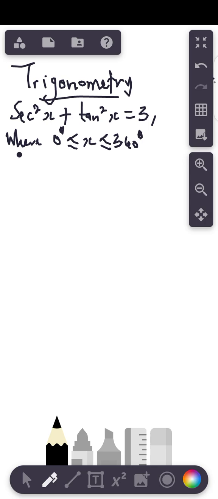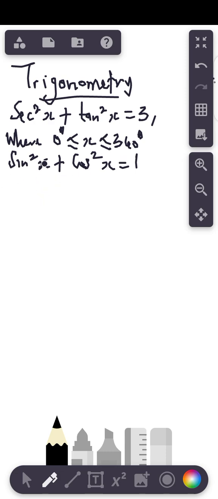Now to solve for the possible values of x, we will make use of the Pythagorean identity one more time. Let's start from the most basic one, that is sine squared x, remember, you can replace that x with theta, plus cos squared x equal to 1.